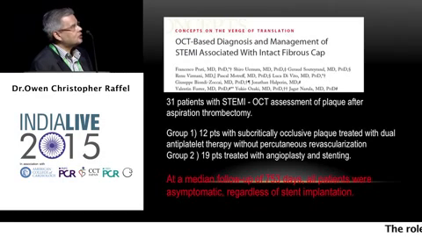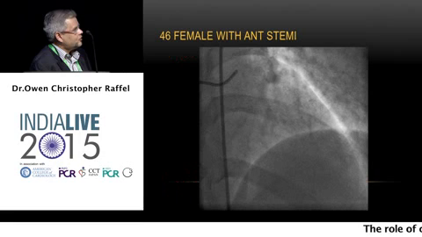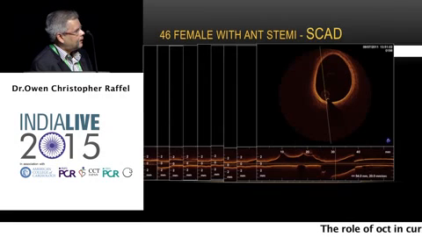What about non-atherosclerotic coronary problems? This is a 46-year-old female presented with an anterior STEMI and occluded ratty-looking LAD, occluded just after the first septal. And that's what the OCT showed, a beautiful picture of spontaneous coronary artery dissection with hematoma near the proximal end.